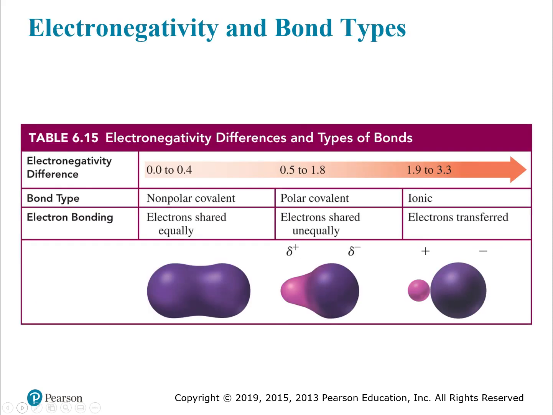This chart visually summarizes all of that text. So you've got your electronegativity differences, the bond types, and how the electrons are shared, whether it's equally, unequally, or they ain't shared at all. They're just transferred.